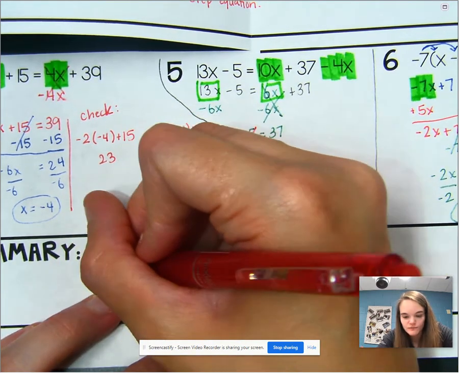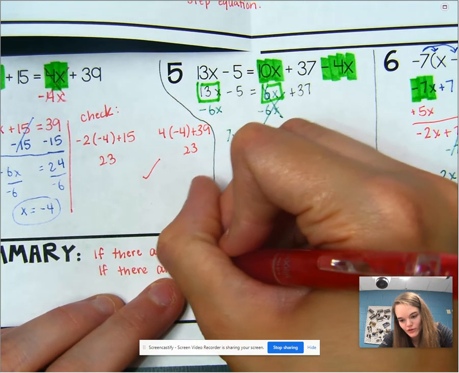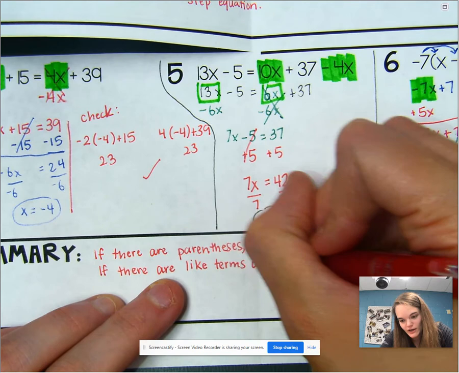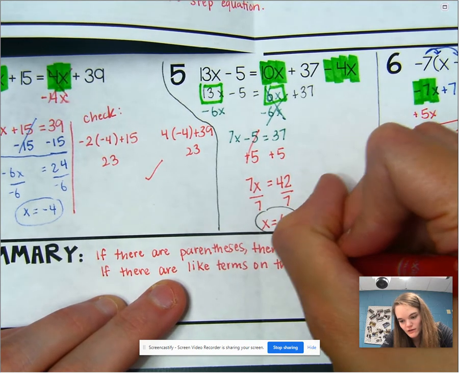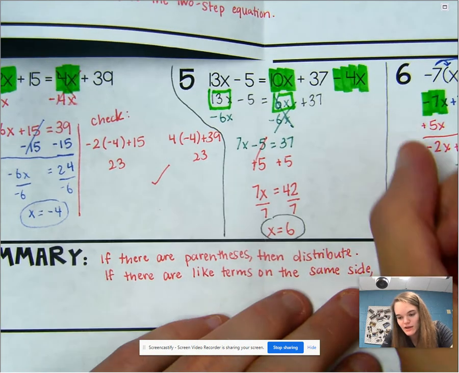If there are like terms on the same side, then combine.